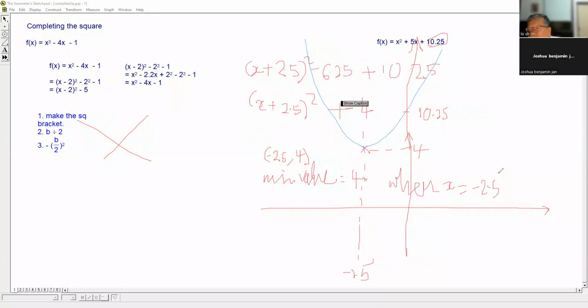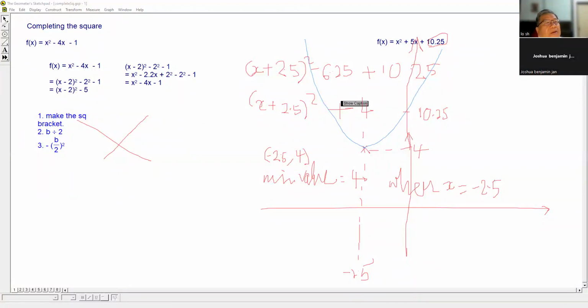But the minimum value is not referring to the x, because the x is moving left and right. The minimum value is the y, the up and down. So the lowest point is 4, and the minimum value is 4. When will it happen? It will happen when x equals 2.5.